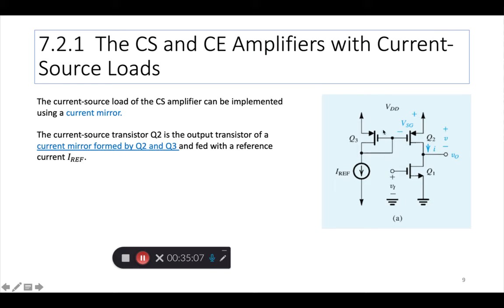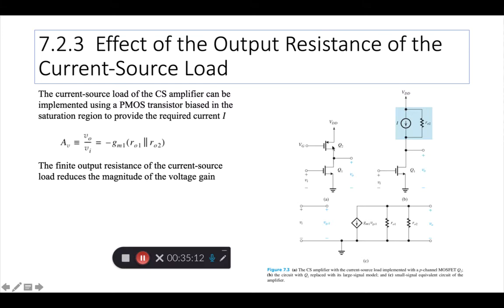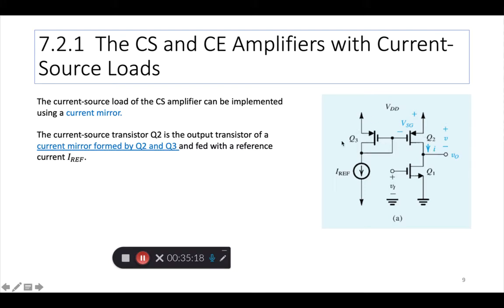Here we have two P types which create the current source. And this two combination is called a current mirror. So the current source load of the CS amplifier can be implemented using a current mirror circuit.